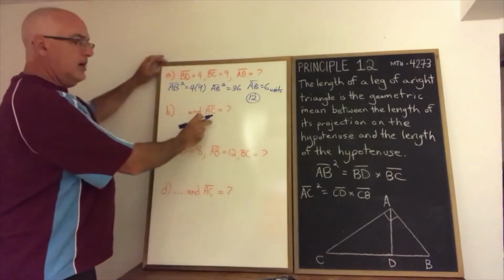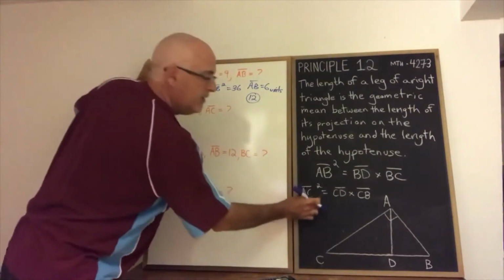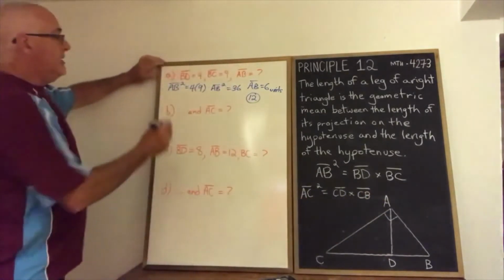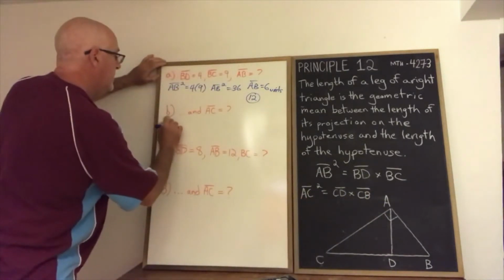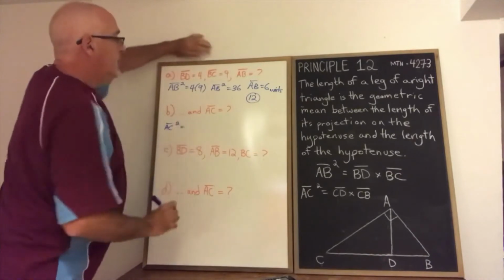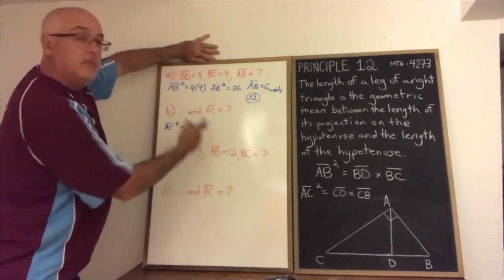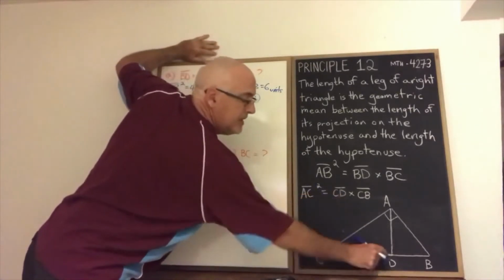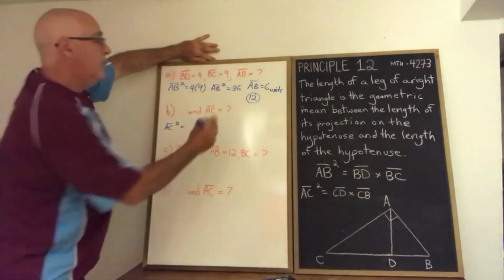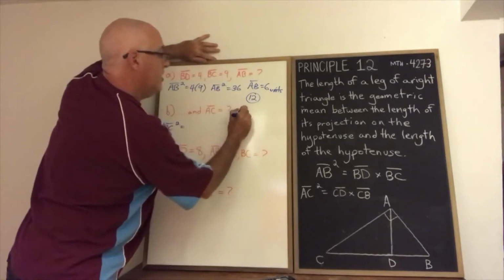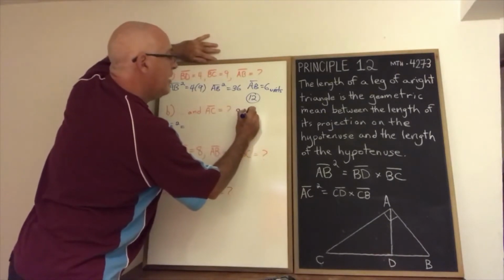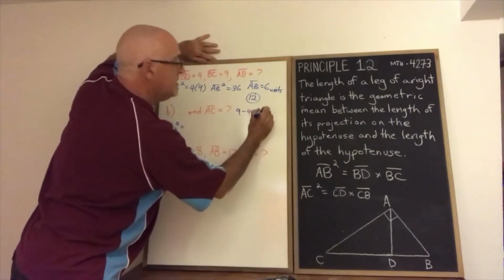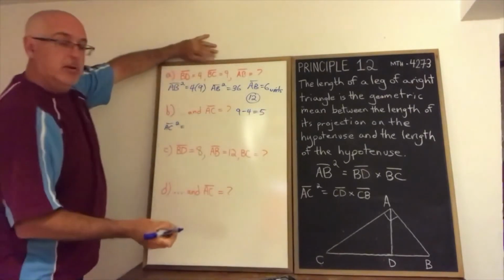And now we're asked how long is AC. We're doing the other version of the formula, and we're finding the other leg. AC squared is not going to be equal to 4 times 9 because we need CD, the closer piece of the hypotenuse, and we have to get that with a subtraction. The entire hypotenuse is 9, and we subtract the 4 that we knew from BD, and that means that CD has to be 5 units in length.